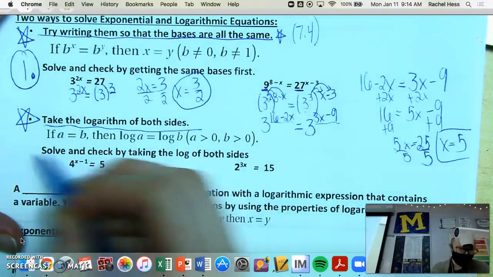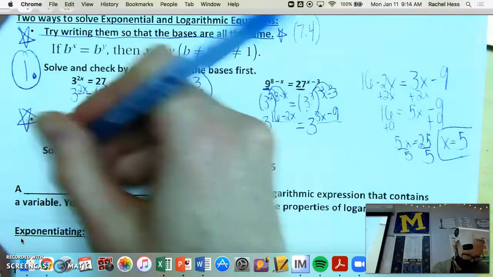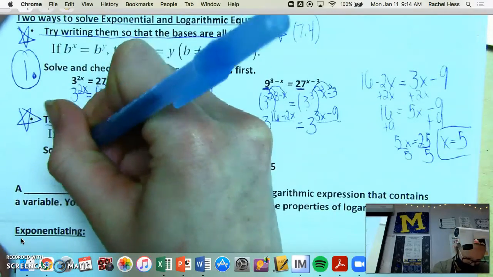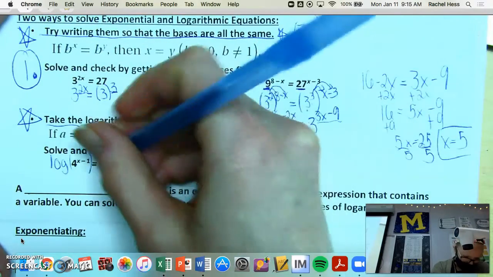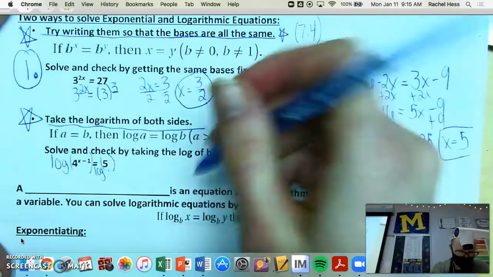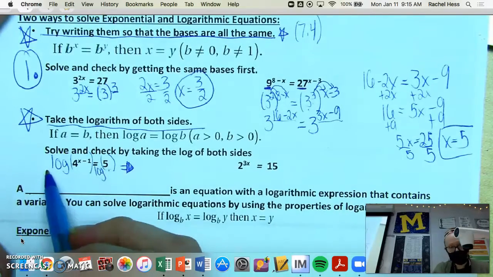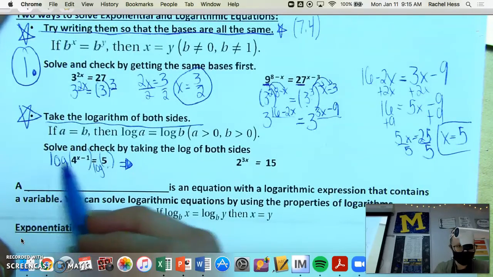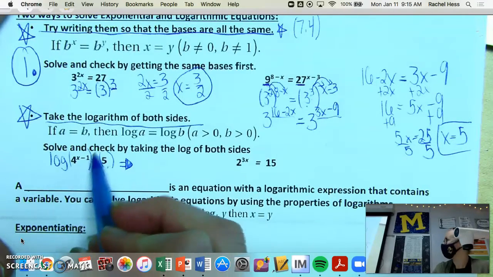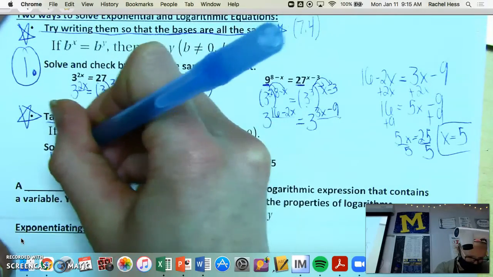So it says the other way is to take the log of both sides. So the way I write that is I'm going to literally put a log on both sides of these. And when I do that, if you remember from 7.4, when I have a log and then there's an exponential expression within that log, what I do with the exponent is I have to bring it out front.